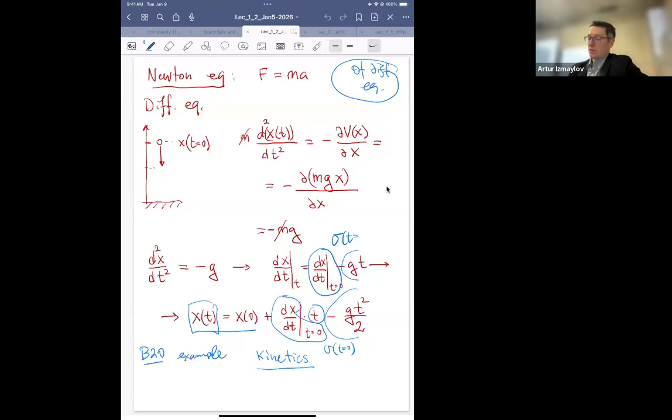For the full description, that's enough. In principle, you could also look at the momentum as a function of time. So the pair, position and momentum, fully describes how the classical particle behaves.